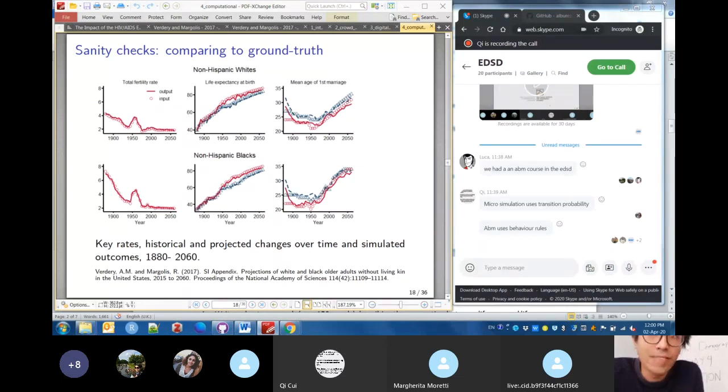One way of checking this is that we produce the population, we have a population file, we run the microsimulation, and then for the years for which we have data, we can compare some measure that we define, that we estimate by hand from the output file, and we compare that measure to the measure coming from another source. Right? So in this case, they are comparing the output to the input.